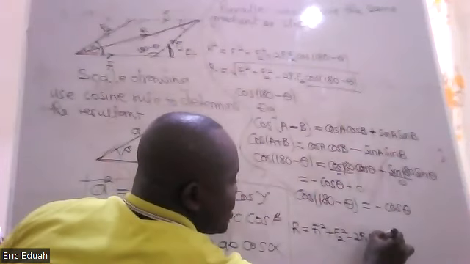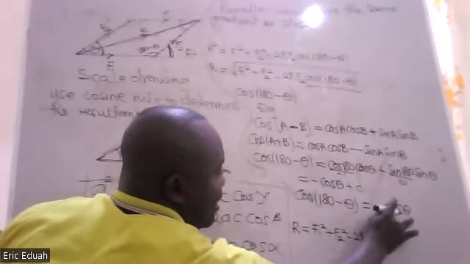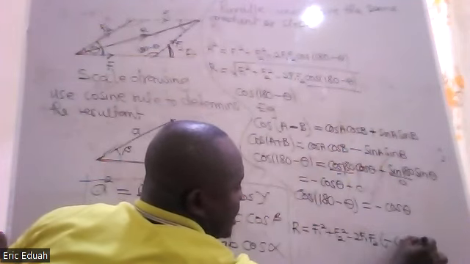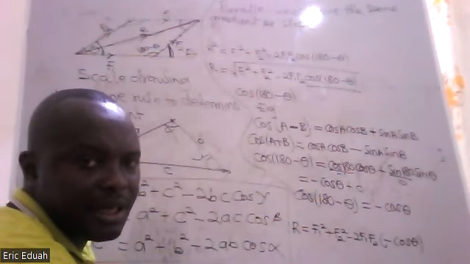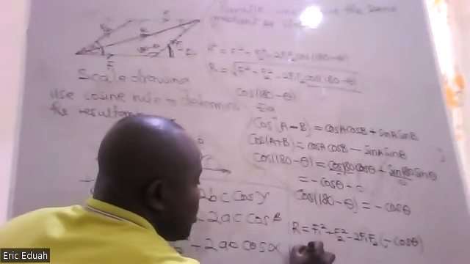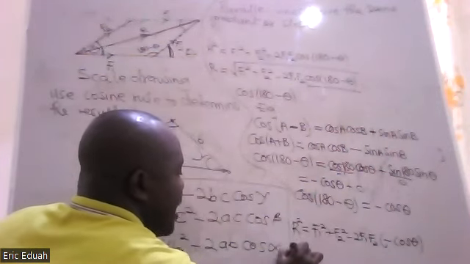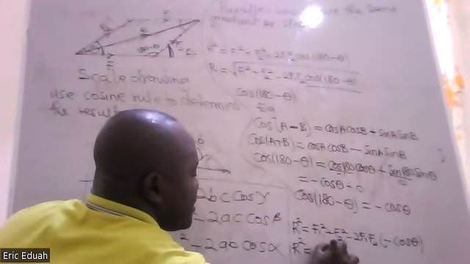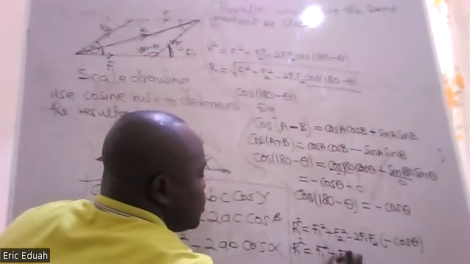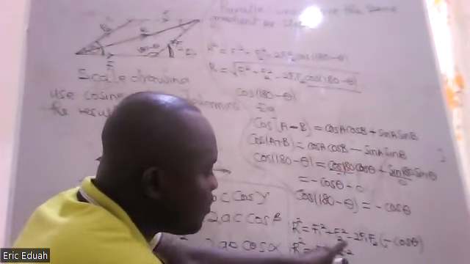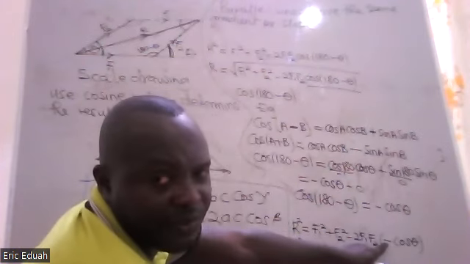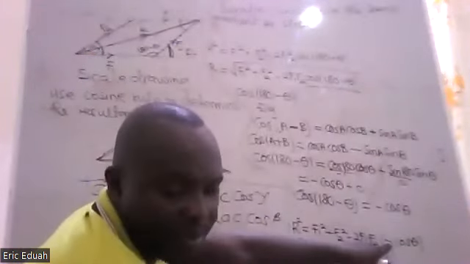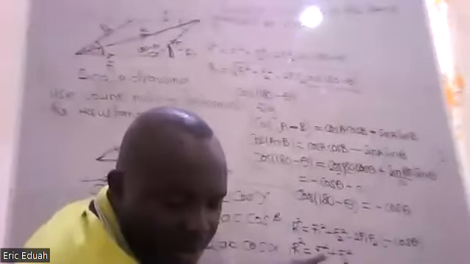So in place of cos 180 minus theta, we are putting minus cos theta. If you substitute, this is what you have. R squared is equal to F1 squared plus F2 squared. Now, negative times negative is equal to what? Positive.